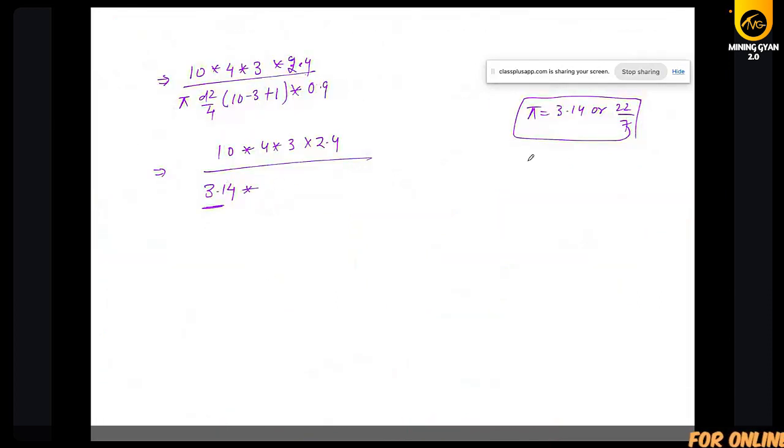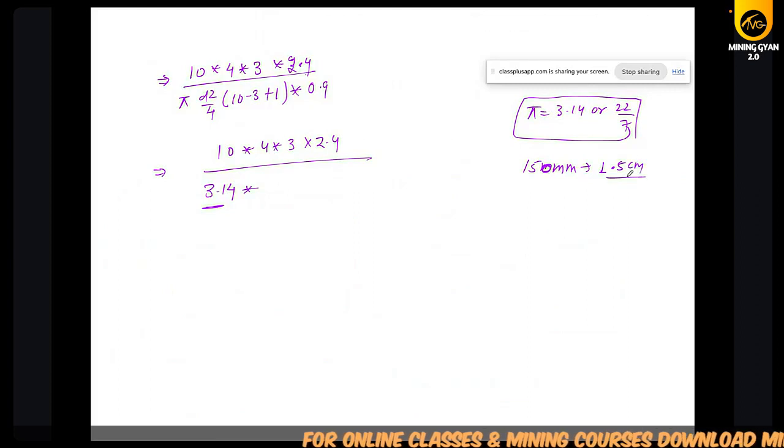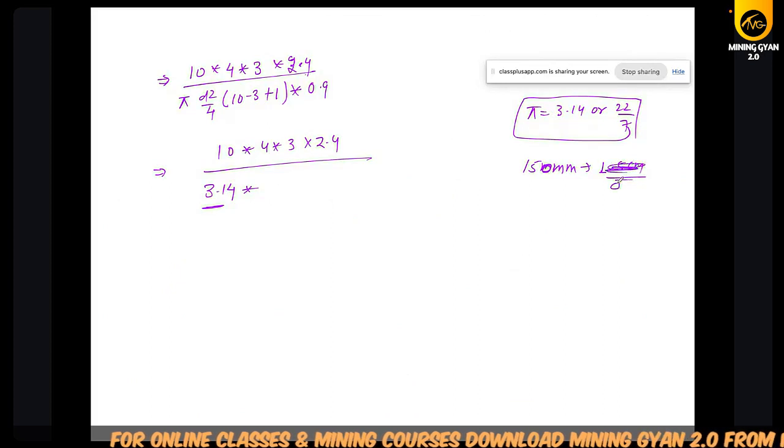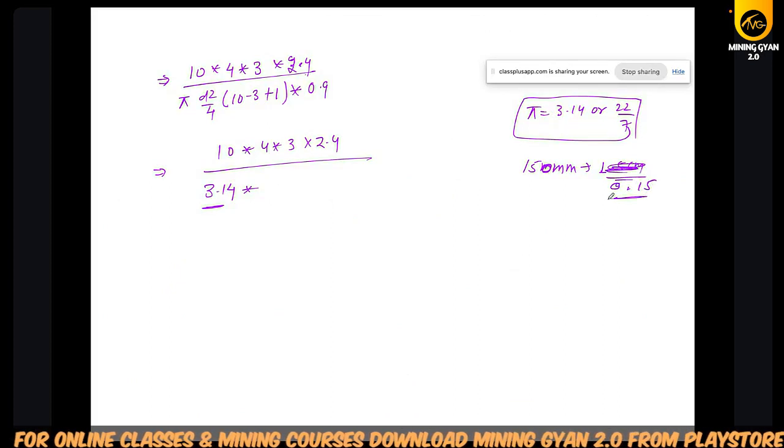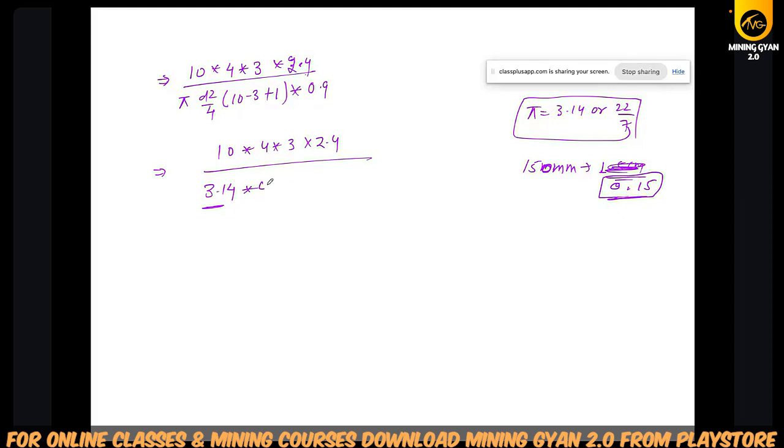If you change 150 mm, you divide by 1000, so you will get 0.15 meter. It will be 0.15 meter squared by 4, and 10 minus 3 is 7, you will add 1, so it will be 8, into 0.9.